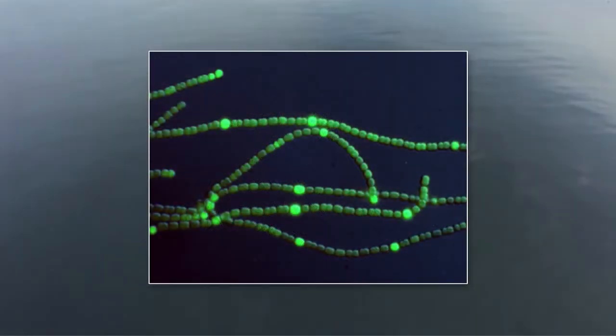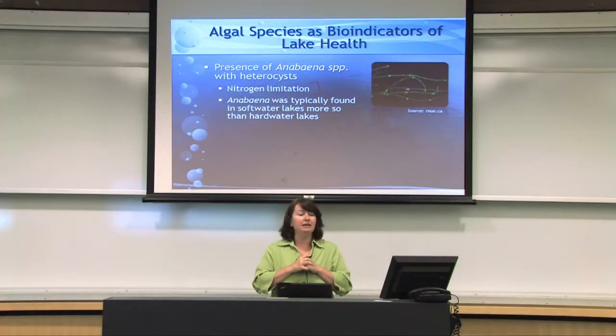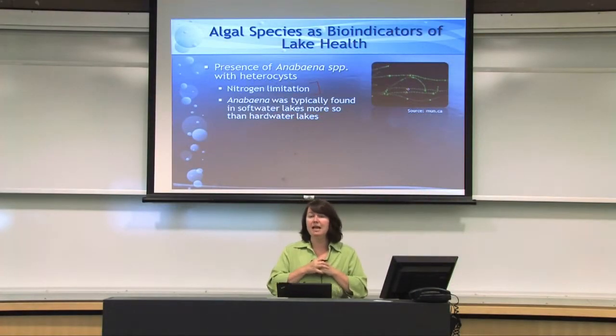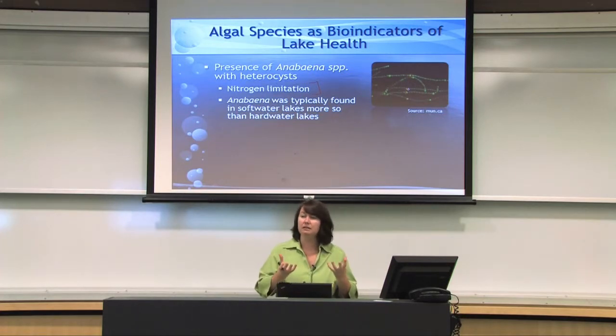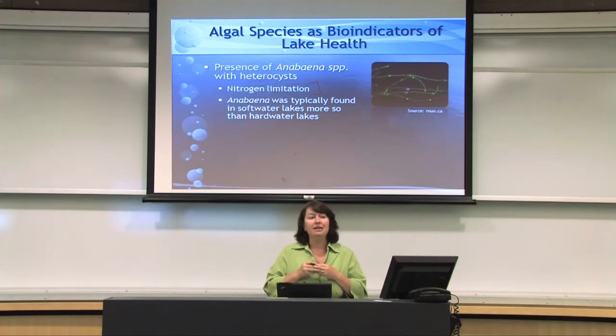Okay, so as I mentioned before, Anabaena seemed to be really an important taxon in soft water lakes. And why are we concerned about Anabaena? Well, when Anabaena shows up in any number, particularly if it has heterocysts, these specialized larger cells that show up under the microscope, we know that the lake is likely nitrogen limited, because Anabaena have a very unique physiology, just like certain other types of blue-green algae, in that they can fix nitrogen.